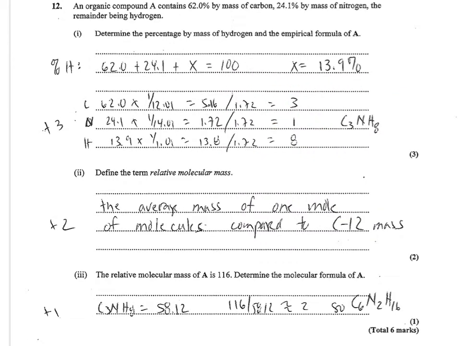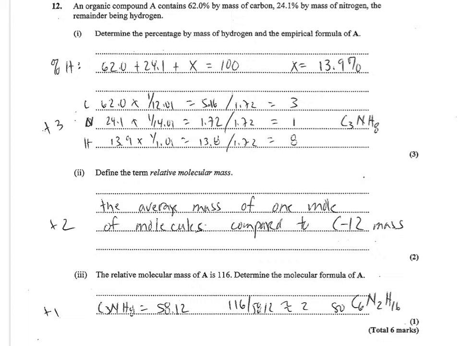Number 12 says you have an organic compound that contains 62% by mass carbon, 24.1% by mass nitrogen, and the remainder is hydrogen. So 62 and 24 is going to be 86.1. So I figure out that the other 13.9% is my hydrogen. And then to get my empirical formula, I need to change these percentages to moles, because these are mass percentages.